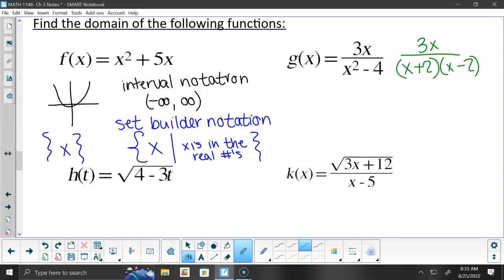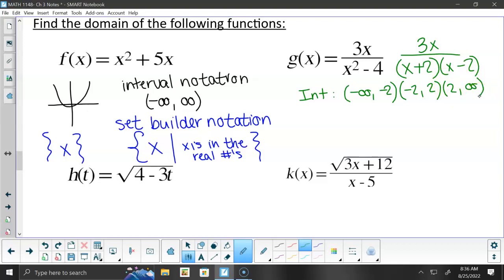So my two issues are what makes the denominator equal 0, positive and negative 2. So if we do it in interval notation, that's going to be negative infinity to negative 2, it stops, does not include it. It goes from negative 2 to positive 2, stops, does not include it. And then 2 to positive infinity.